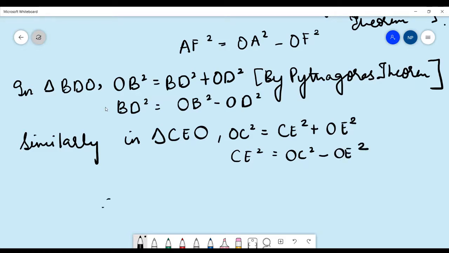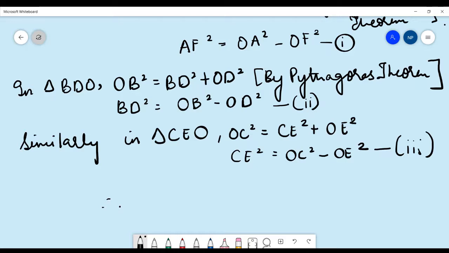So therefore from here what do we get? By adding all the equations from here, if we state this as equation 1, equation 2, and this as equation 3.